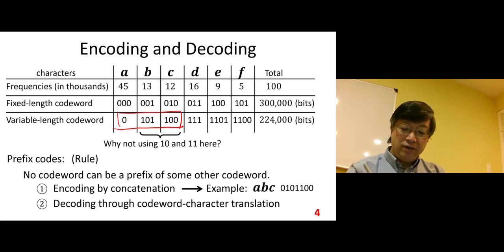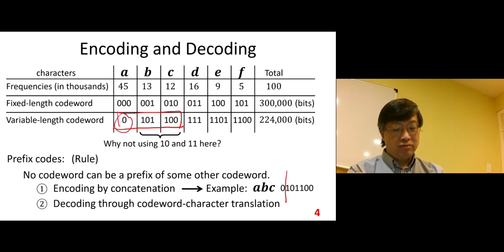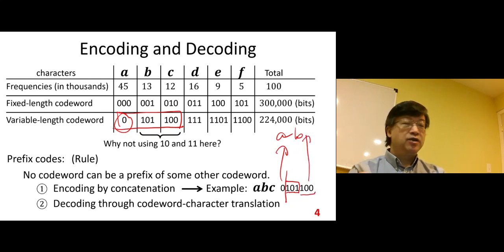When you see 0, because 0 matches character A, you just do the translation to A. Then you check 1, nothing matches 1; 1, 0, nothing matches; 1, 0, 1, you'll find the character B. Then 1, 0, 0, you'll find character C. So you do the translation like that.